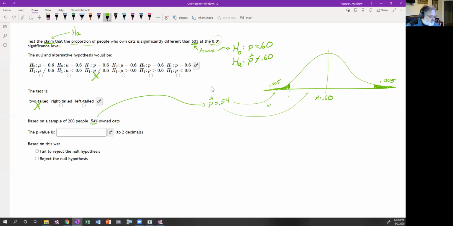The only difference with p-value as opposed to critical value and test value is we calculate the probability instead of the z-score. So we find where it lands in terms of the probability.